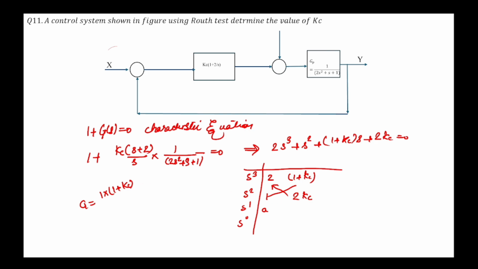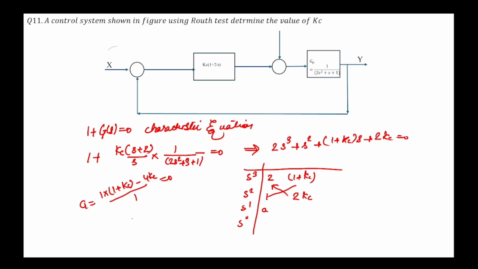In the matrix we do this to this and minus this to this, but in the Routh array we will do the opposite, minus 4Kc upon 1. It will be equal to 0, because Routh array is saying that if any element in the first column of the Routh array is 0 or negative, then the system is unstable.